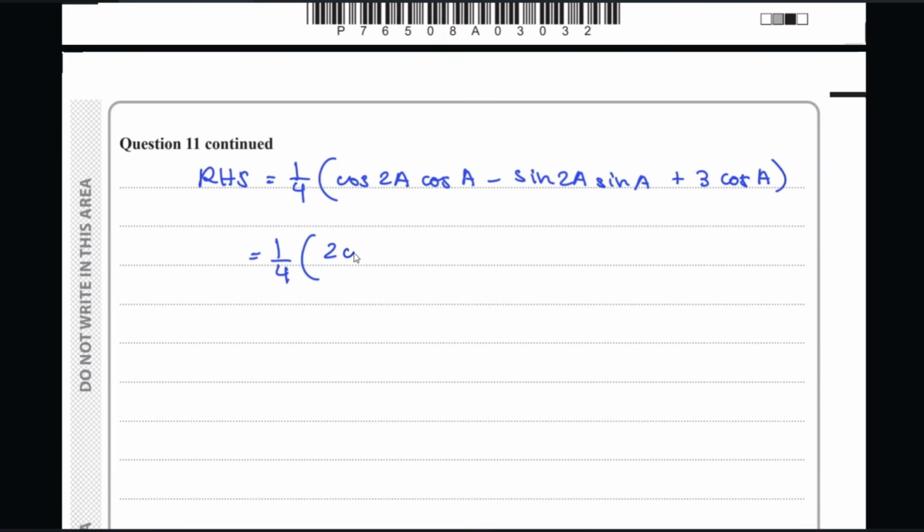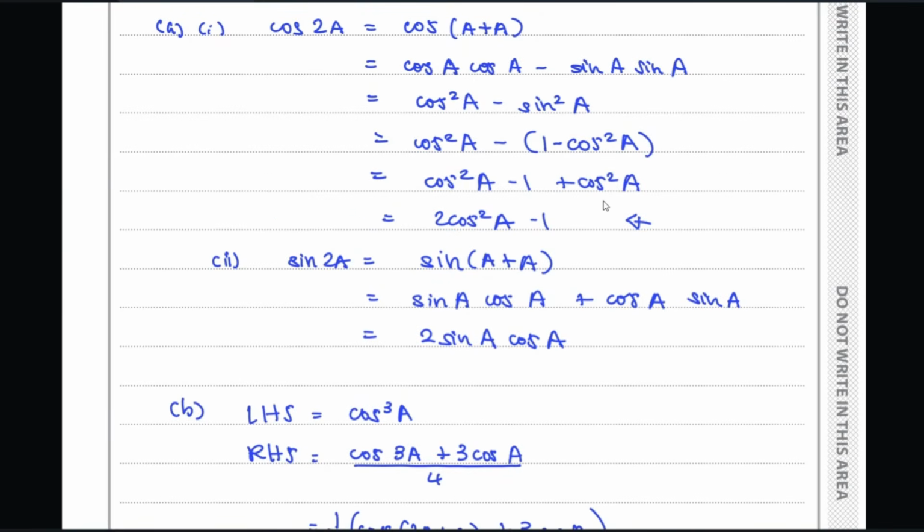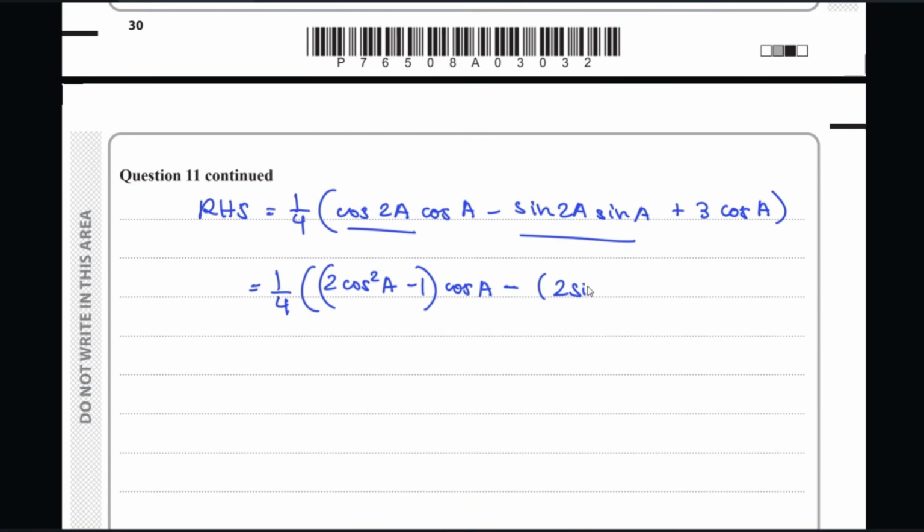So this will be turned into 2 cos squared a minus 1. So we have dealt with this, but this needs to be multiplied to cos a. And then next, we have sine 2a, and it can be turned into 2 sine a cos a. So 2 sine a cos a. We still need to multiply this bracket with sine a. So sine a. And then we have plus 3 cos a.